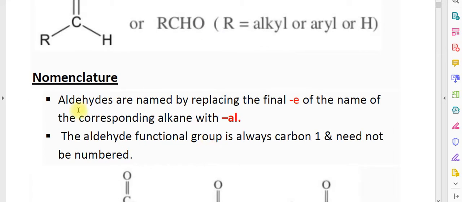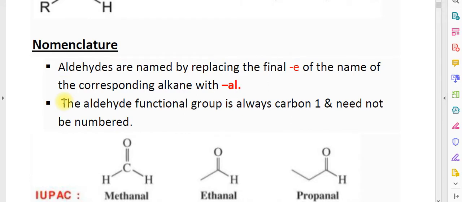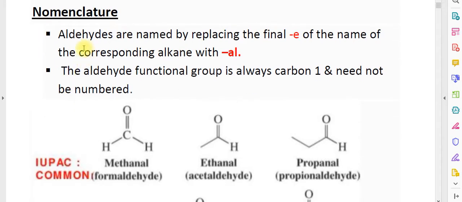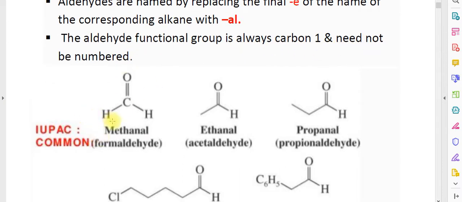And the nomenclature, you know how it is named. Aldehydes are named by replacing the final e of the name of the corresponding alkane with al. That means the aldehyde functional group is always carbon 1 and need not be numbered. So this is HCHO, the IUPAC name is methanal and the common name is formaldehyde.